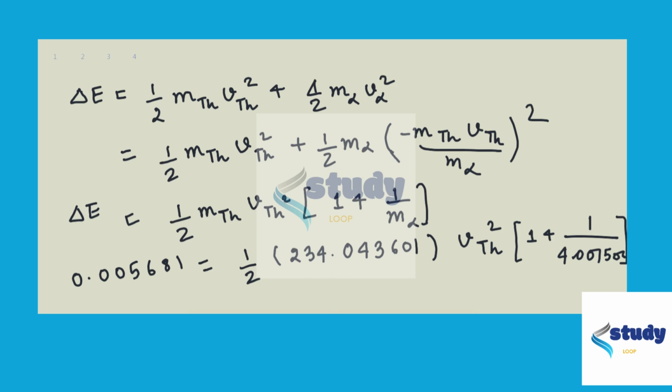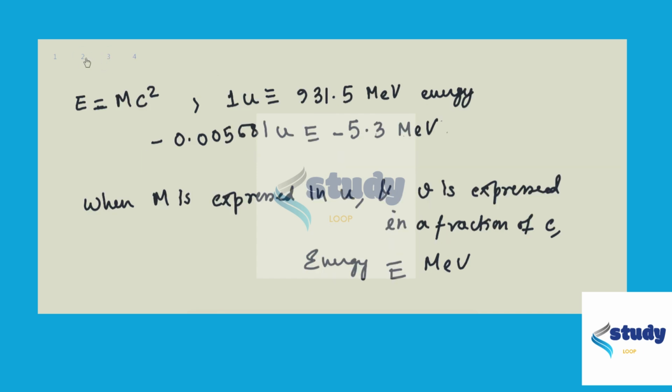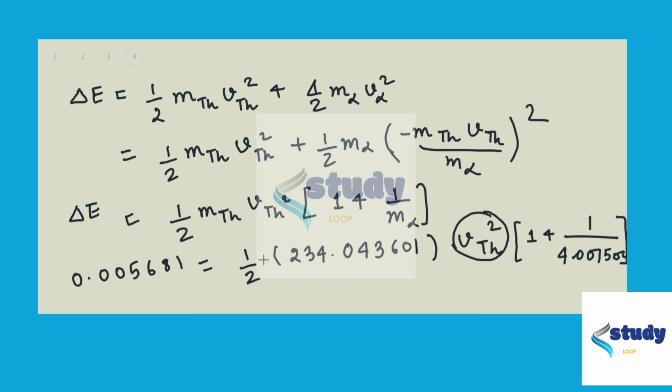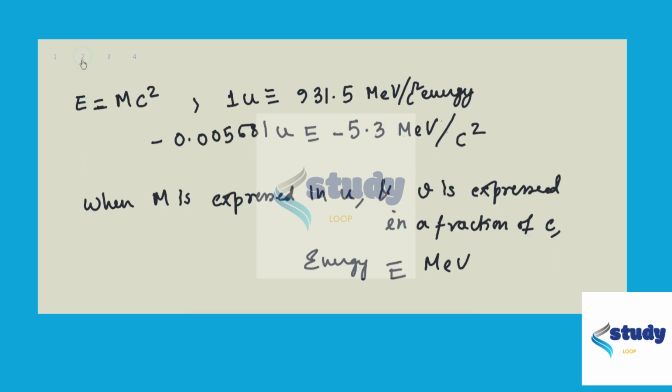So if you rearrange everything, we just need to solve this equation. This is the only unknown that is left. I didn't mention this here, so it is said MeV per c squared. When you use this conversion unit, the result that you will finally get would be in fractions of c, as I mentioned here, right? In a fraction of c.